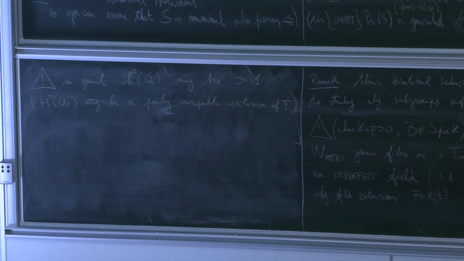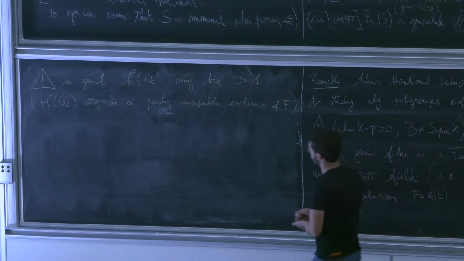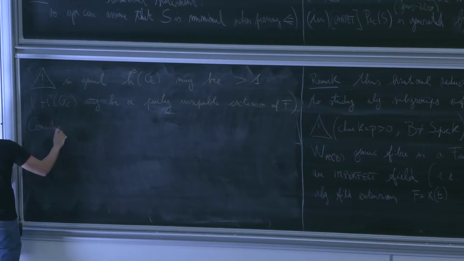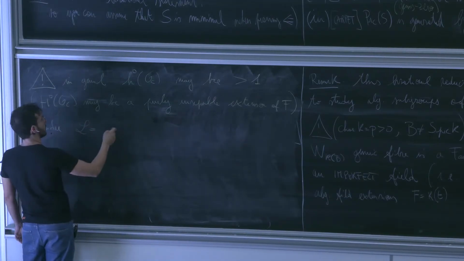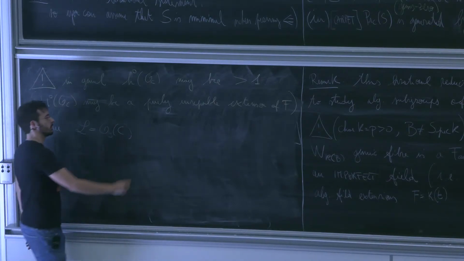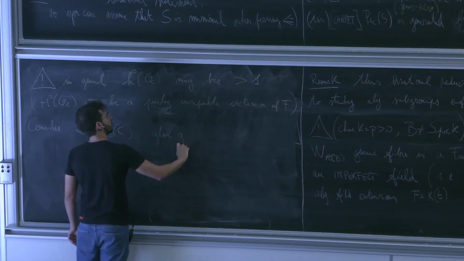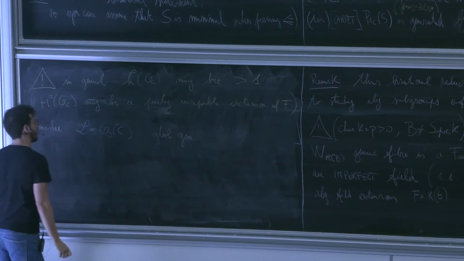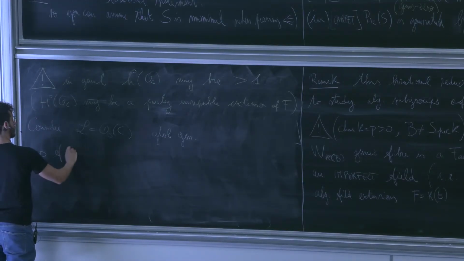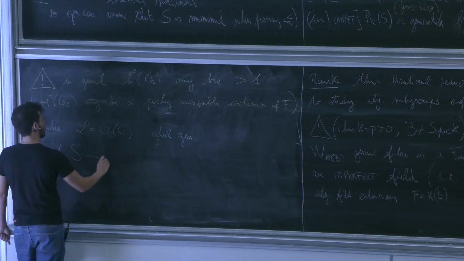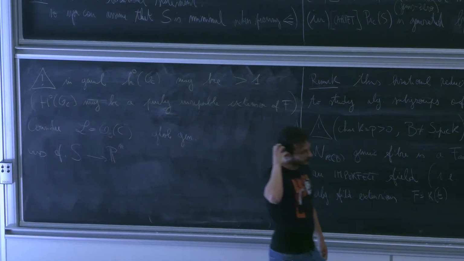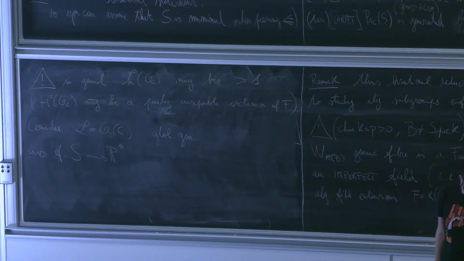Good. And now let's do some geometry. So now consider the bundle associated to L. You check this is globally generated. So this induces F from S to a projective space, P^N. Let me get the numerology right.